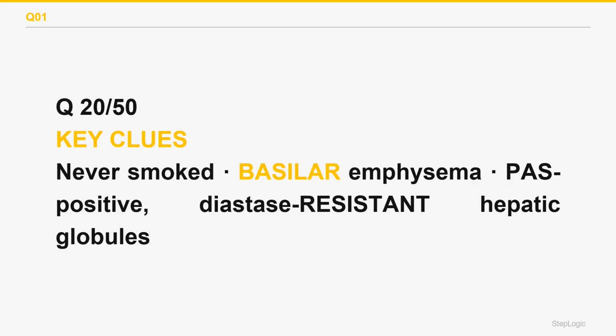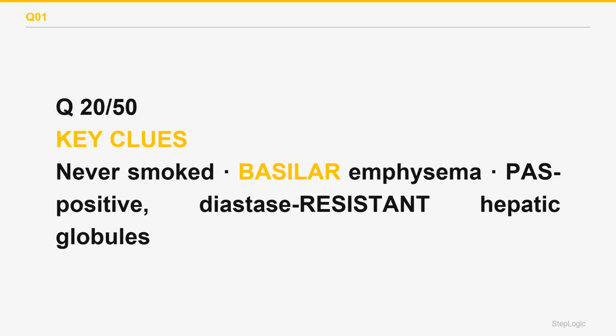Too little antiprotease arrives. Elastase runs unopposed, alveolar walls are digested, and panacinar emphysema develops, characteristically at the bases and in people who never smoked. In the liver, the problem is the opposite, retention. The misfolded protein accumulates inside hepatocytes as PAS-positive, diastase-resistant globules, causing hepatitis and cirrhosis.